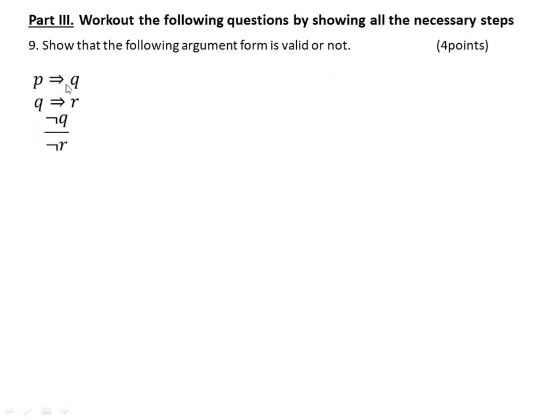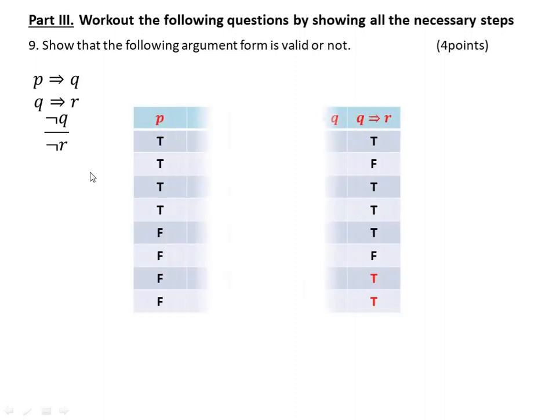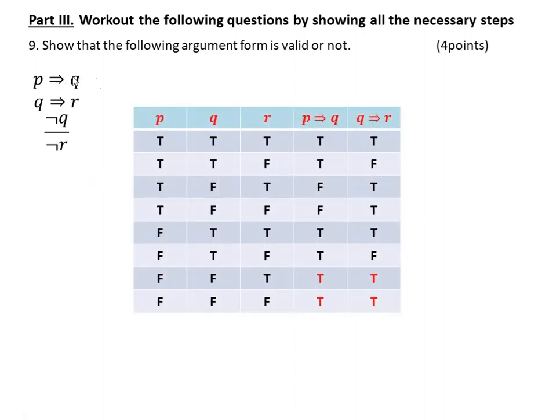P implies Q, Q implies R, negation Q. Those are the hypotheses or premises, and the conclusion is negation of R. So now, for simplicity, let us check the validity of this given argument by constructing a truth table. Now the truth table for this given statement is given like this.